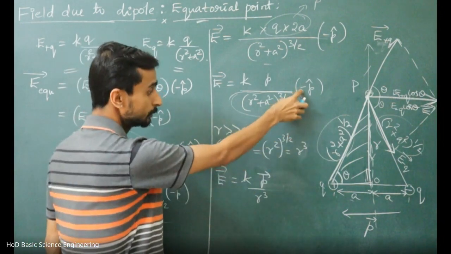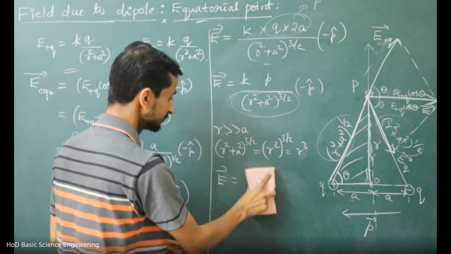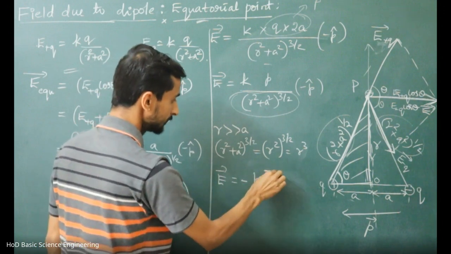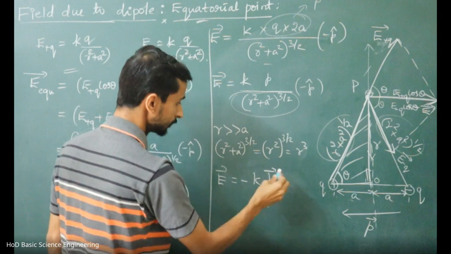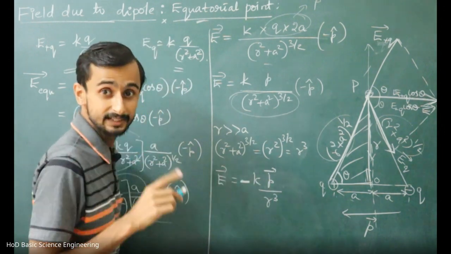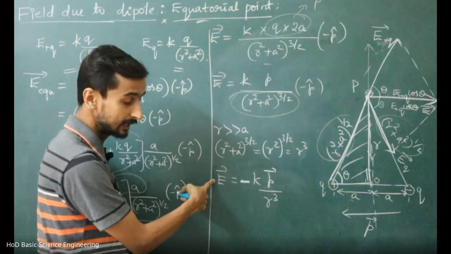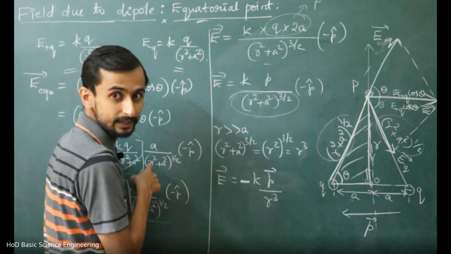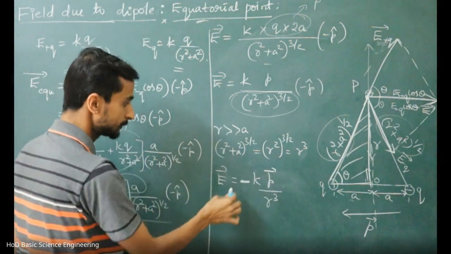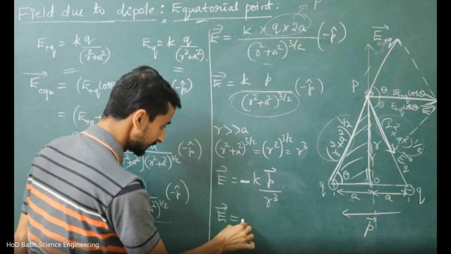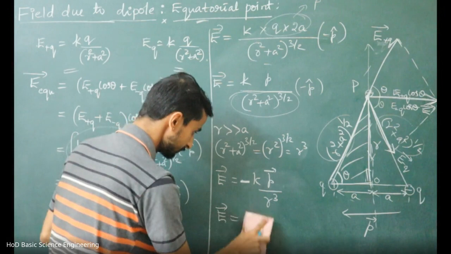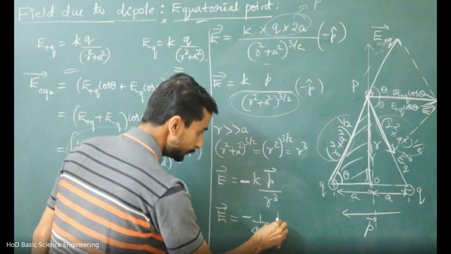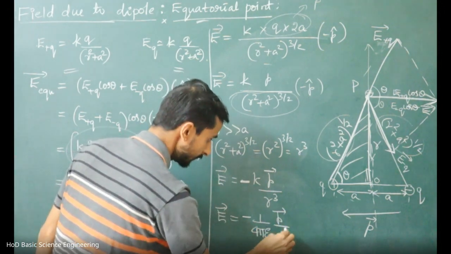So we can write it as minus K vector P divided by R cube. What does that minus sign indicate? It indicates that the direction of the net electric field at P is opposite to the dipole moment. If you substitute the value of K, the minus sign is very important, we get minus 1 by 4 pi epsilon naught into vector P divided by R cube.